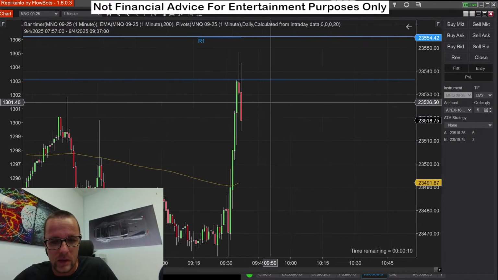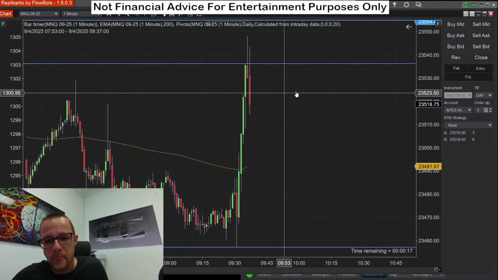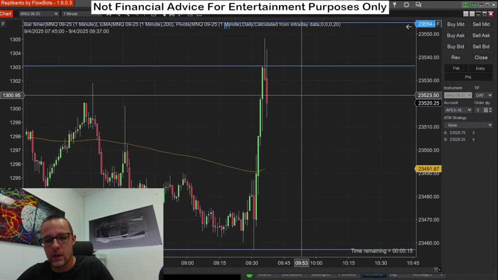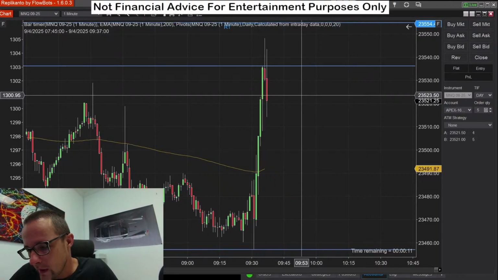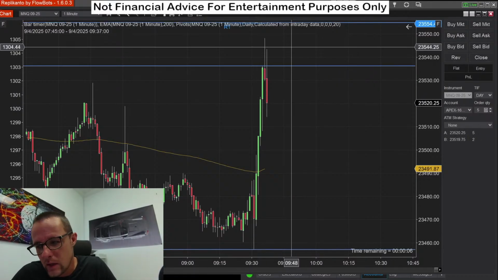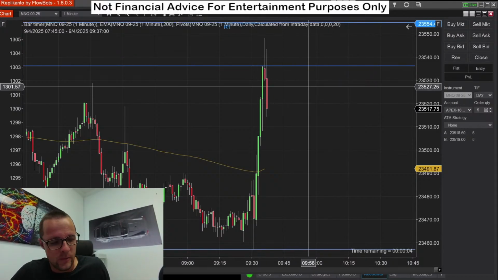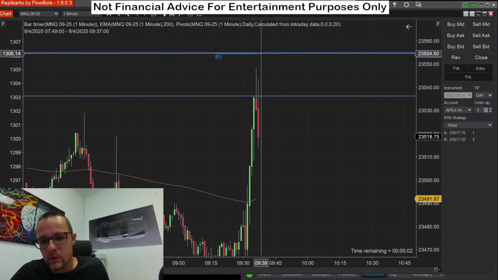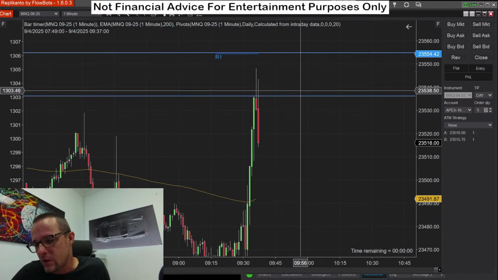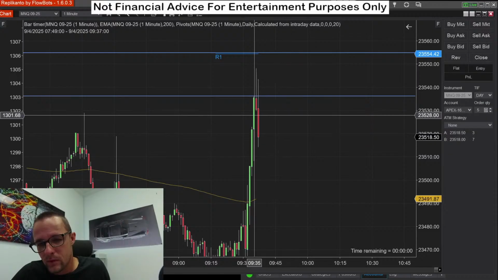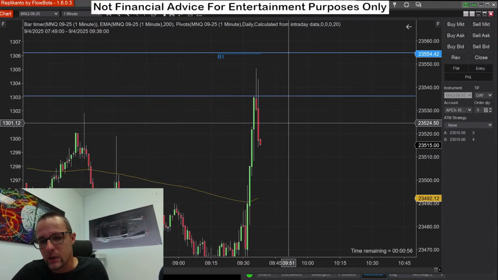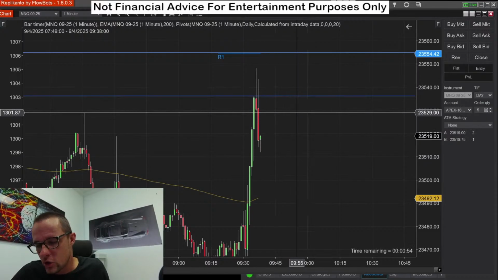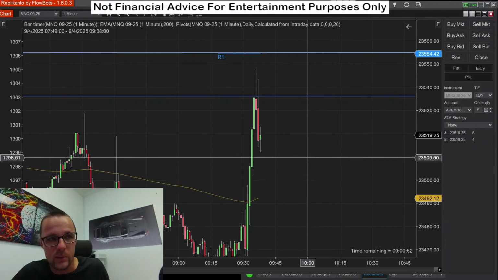So nothing. I need it to close outside of the range for me to be able to get something. What I'm waiting for is price to close outside the range, and then we get a push back into the range, forming, since we're up here, a bearish fair value gap to take a short off of to the next kind of liquidity point.